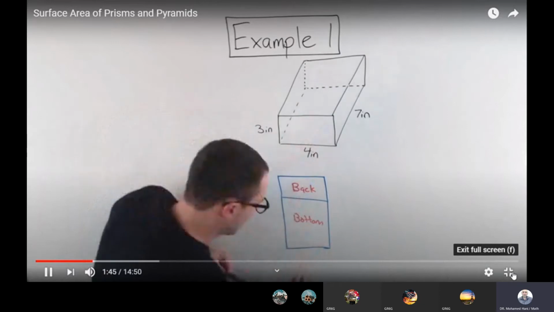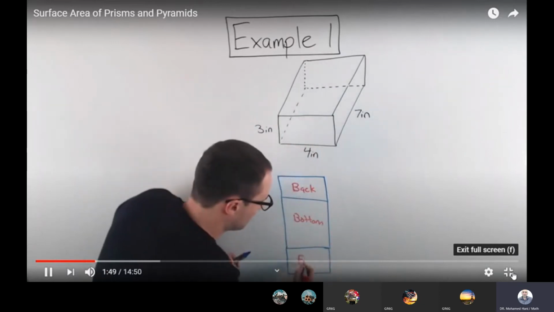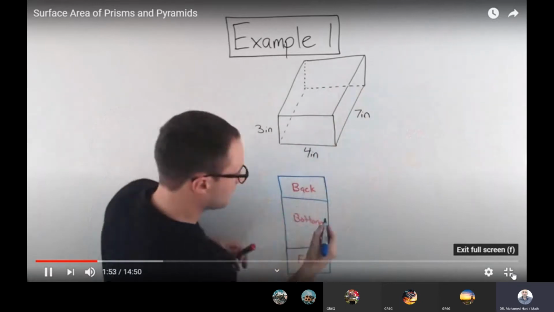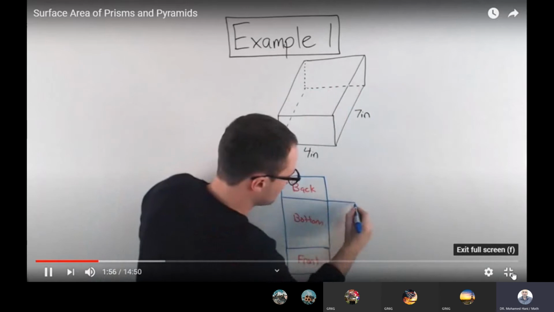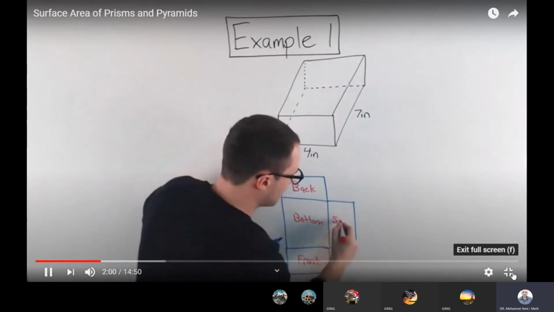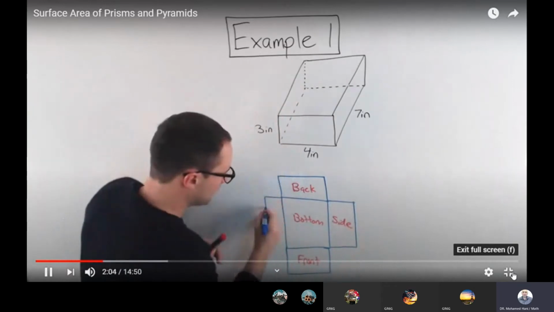Now I'm going to fold down the front. That's going to be my front. Okay, I'm going to fold down the side. That's going to be a little bit skinnier, another rectangle. There's that side. I'm going to do the same thing on that side.